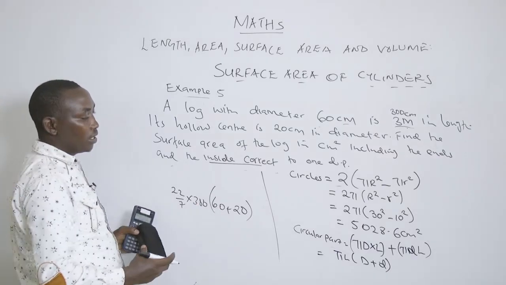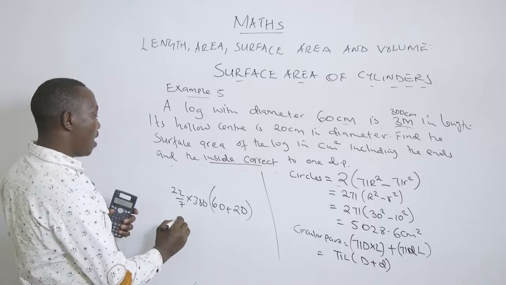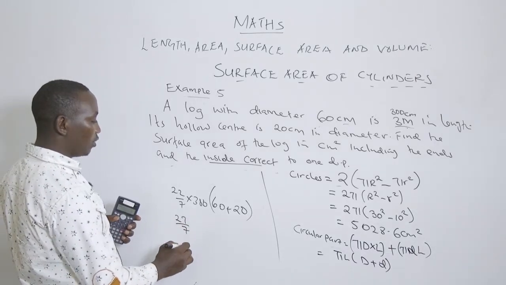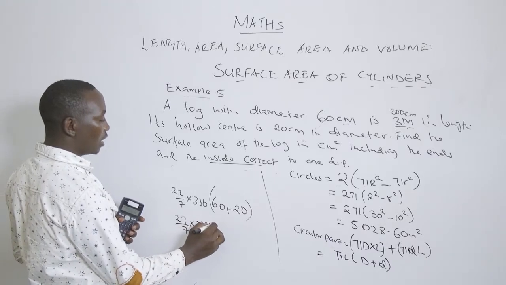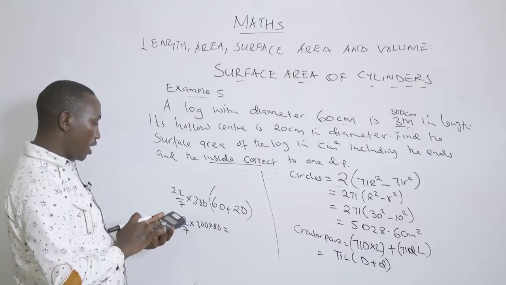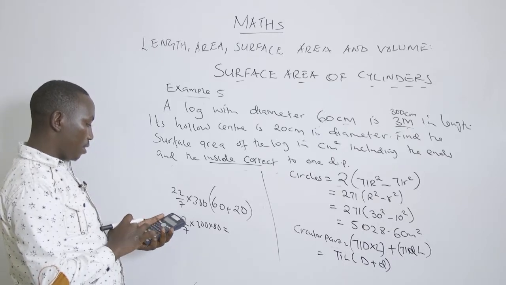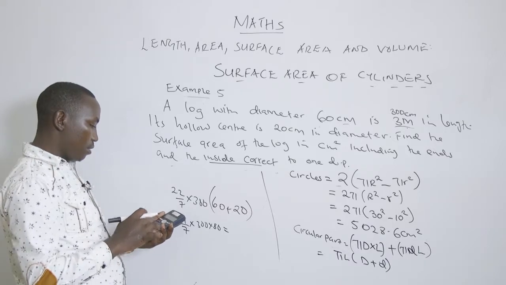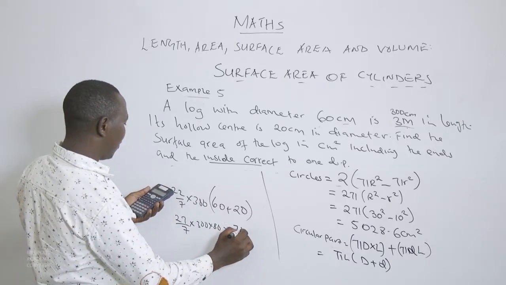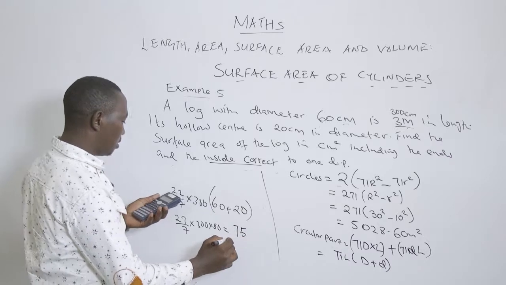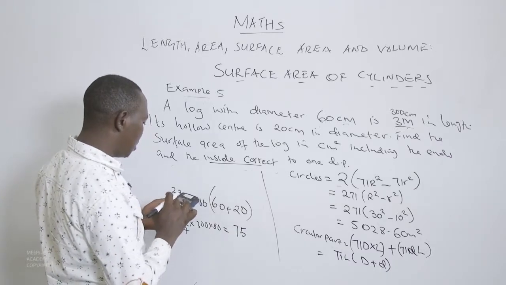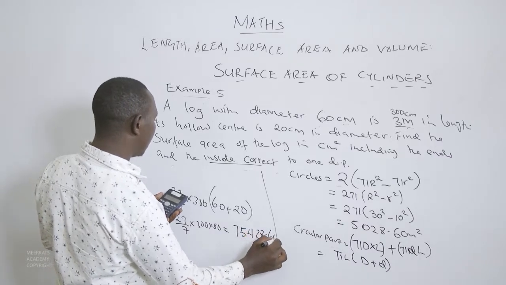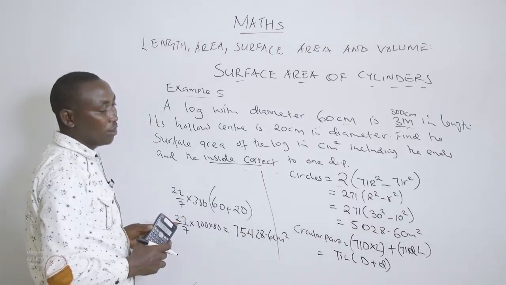So 60 plus 20 will give us 80, and therefore the total surface area for the curved part will be 22/7 times 300 times 80, which will give us 75,428.6 square centimeters.